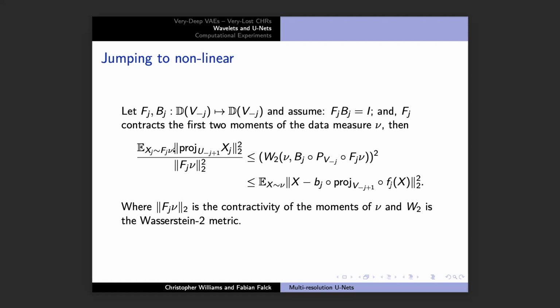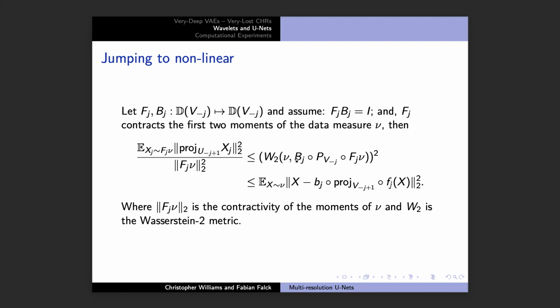So what I'm saying now is I take my measure, my data, mu, I move it forward by fj, I look at the part of the samples that gets thrown into the orthogonal complement, divided by how much fj is resizing the variance essentially of my distribution.